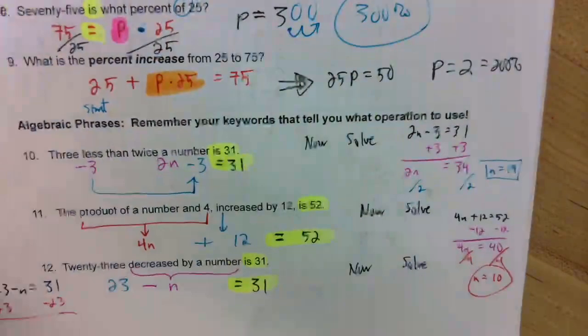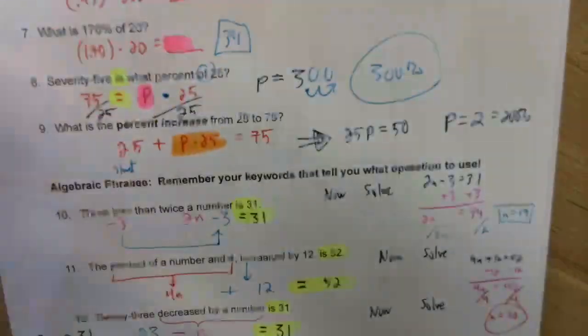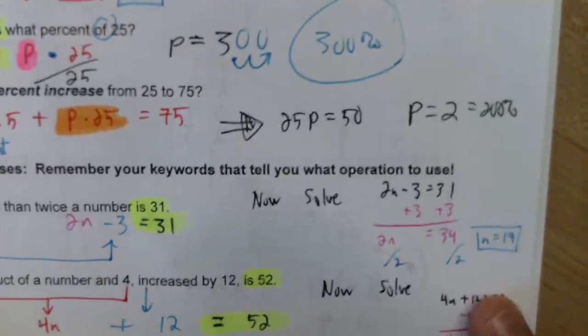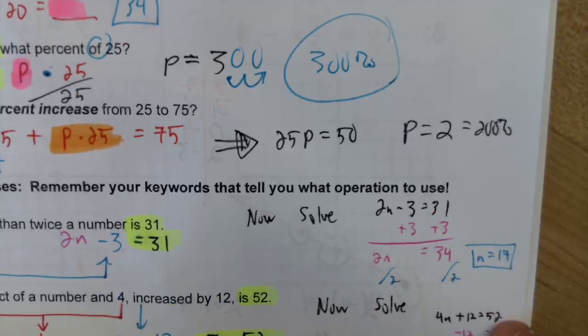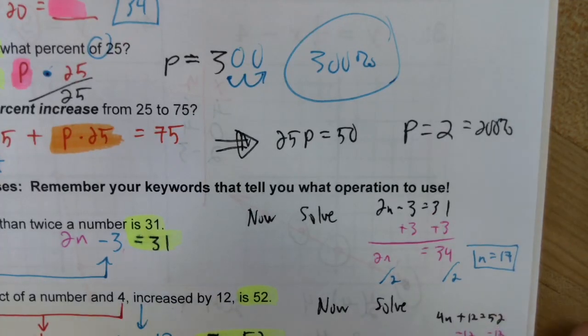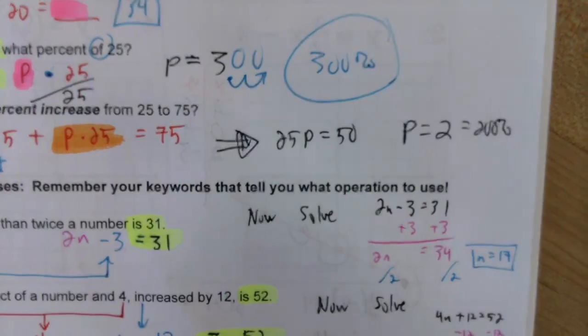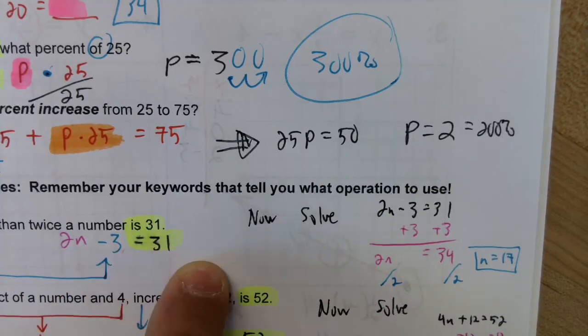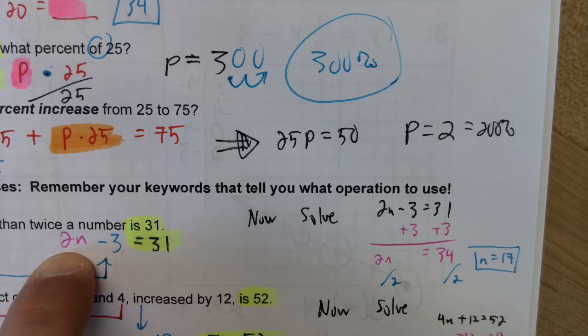All right, so number 10, 2n minus 3 equals 31. These are categorized into a category called two-step equations because they take 2 steps to solve. Those 2 steps were generally, remember that's not every time, but generally add or subtract the constant to the other side, then multiply or divide the coefficient.